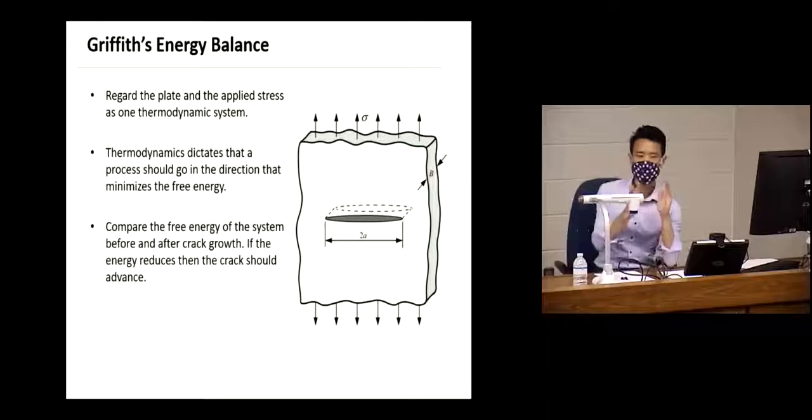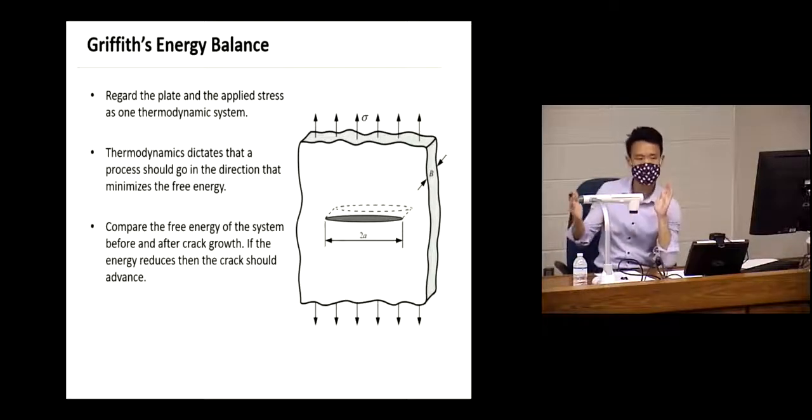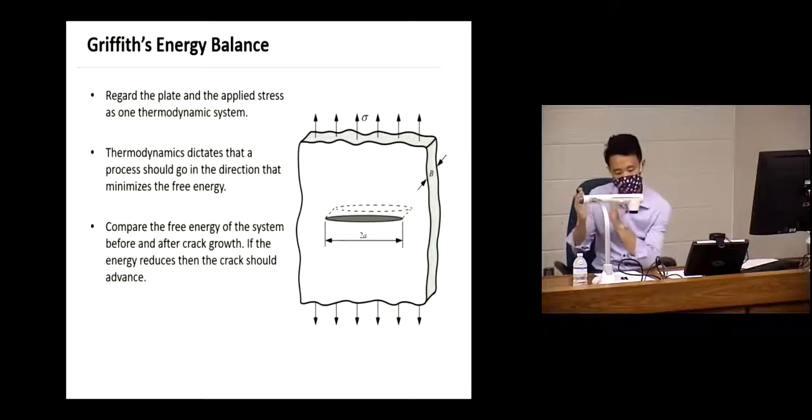So there's a piece of material with an existing flaw, and the same piece of material with a slightly larger flaw, right? So if the crack has to grow, that means that the configuration with the larger flaw must have a lower energy. Okay, so if that is the case, that means that crack will grow. If not, it won't, right?